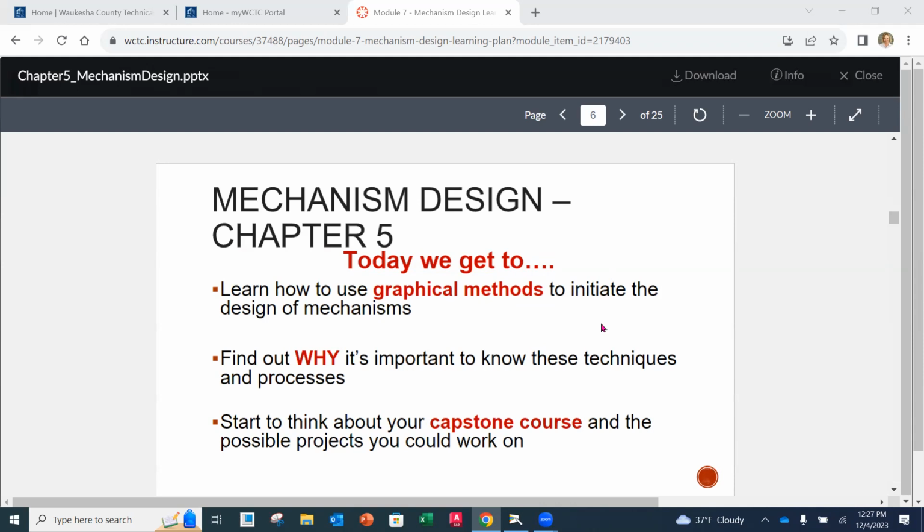So looking at and thinking about projects that you would want to work on, and how the kinematic design that we've done here might play into that, whether it's different types of drives, like gears, belts, chains, or if it's going to be something completely unique and you need to use other types, whether it's a slider crank mechanism or a crank rocker.